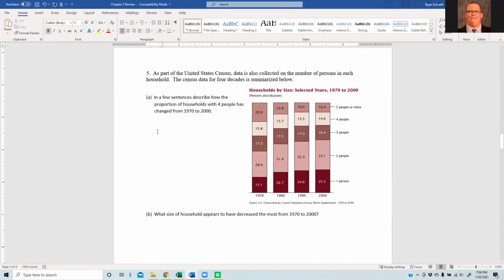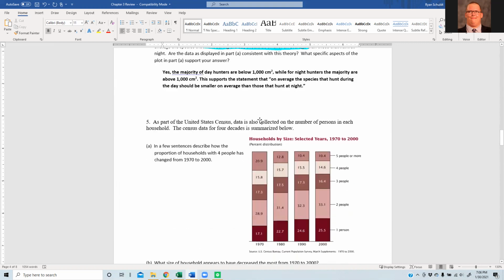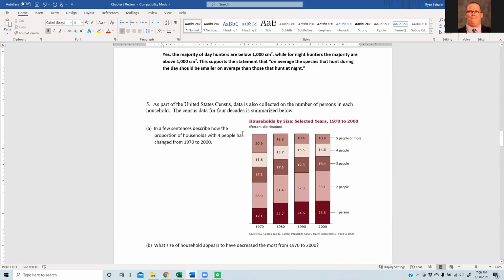So let's look at number 5. As part of the United States Census Bureau, data is collected on the number of persons in each household. The census data for 4 decades is summarized below. Okay, so let's look.